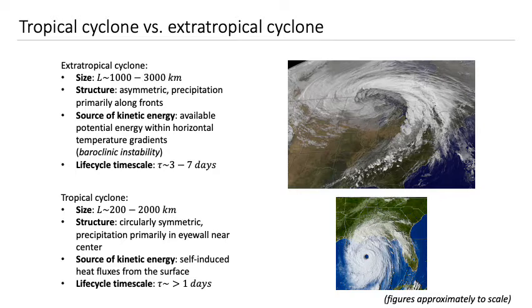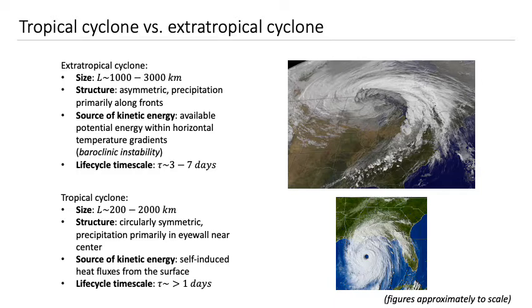In contrast, a tropical cyclone is quite a bit smaller, though it can range across an order of magnitude in size, from a diameter of something like 200 kilometers up to 2,000 kilometers. The structure is circularly symmetric, with precipitation primarily focused in the eyewall, just outside of the eye, towards the center.